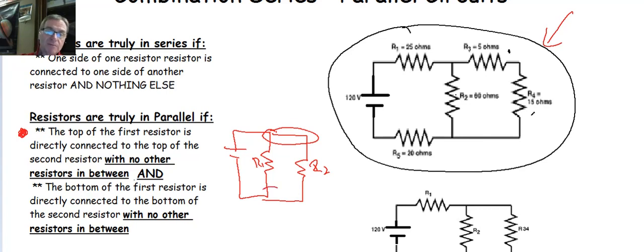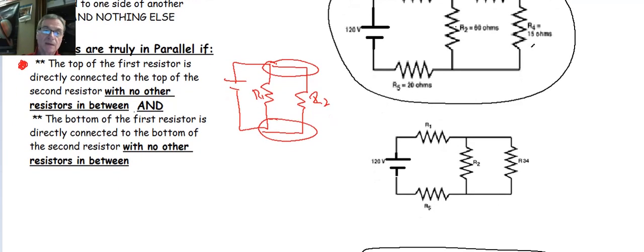If we look at the bottoms of the resistors, they are also connected together with nothing else in between. So I can combine these resistors into a single resistance. I can find an equivalent resistance for R1 and R2 using the reciprocal formula, which I would call R12.